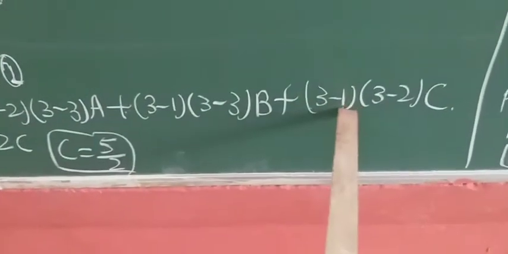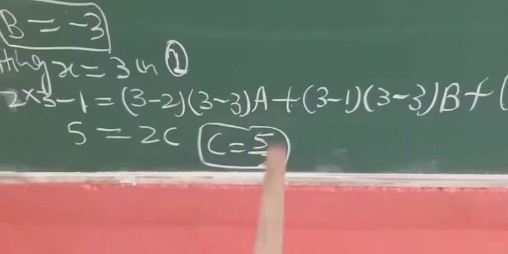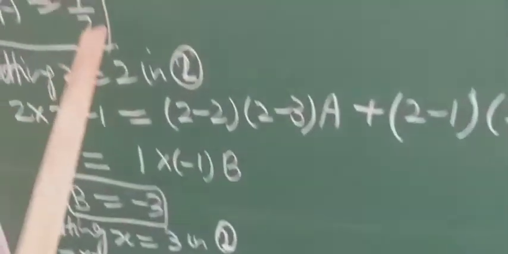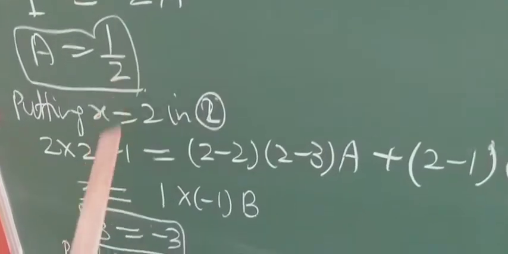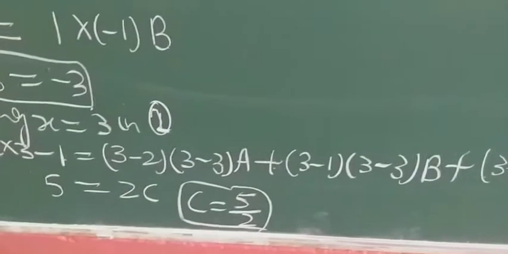The left side is 2 into 3 minus 1, which is 5. Here 2 into 1 into C is 2C, so C equals 5 by 2. So students, we get A equals 1 by 2, B equals minus 3 and C equals 5 by 2.